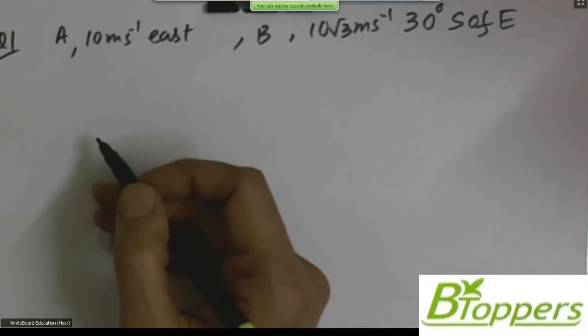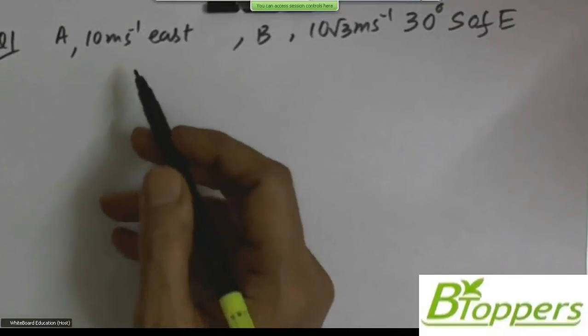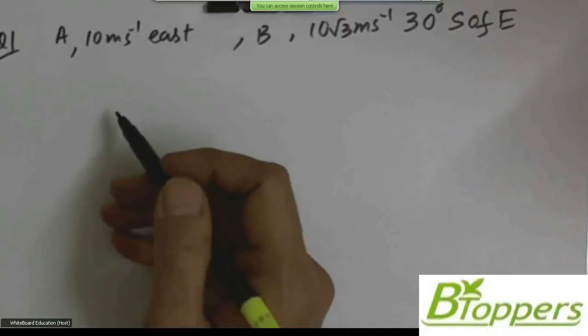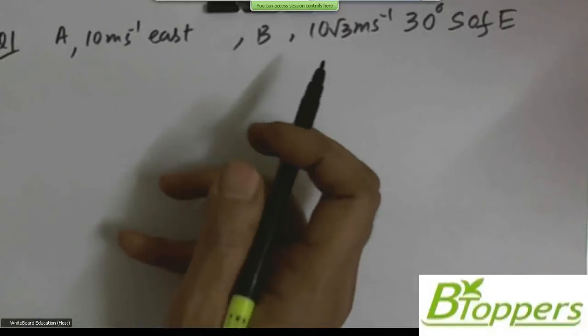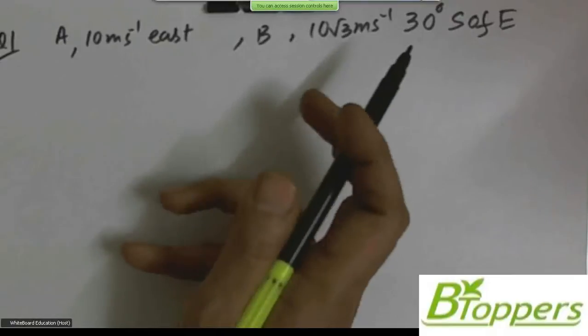So in this problem, you are given the velocity of A as 10 meters per second towards east. The velocity of B is 10 root 3 meters per second in the direction 30 degrees south of east.